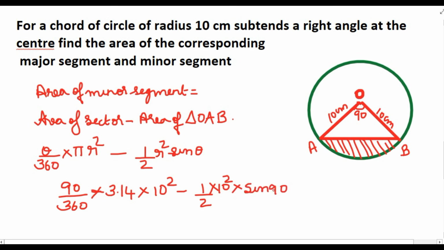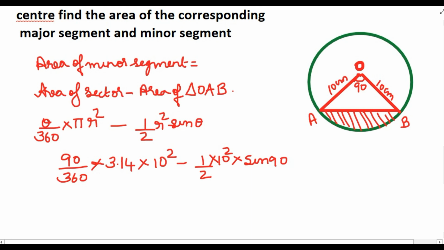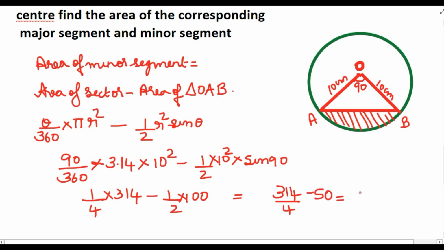This is equal to 1 by 4 into 314, because 10 square is 100, minus half into 100, as sine 90 is 1. So we have 314 by 4 minus 50, which is equal to 28.5 centimeter square.